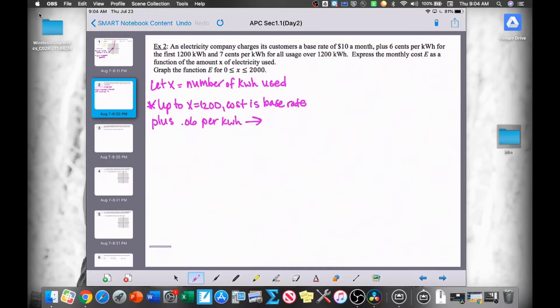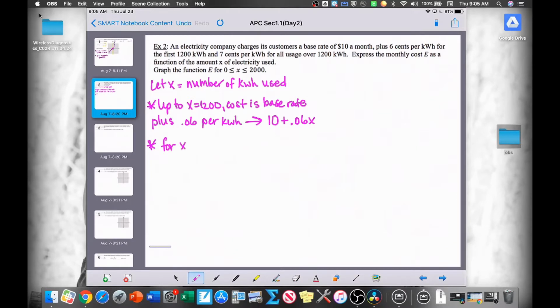So in equation form, if we think about just a linear model, it's going to be our base rate, which is $10 a month, plus 6 cents per kilowatt hour, so 0.06x. Okay. But then what happens when our usage is above 1,200?